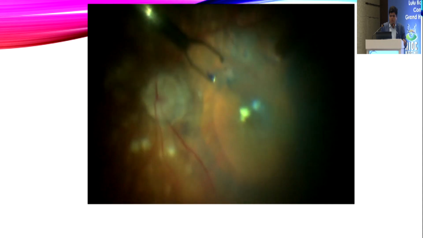After staining with brilliant blue dye, ILM peeling was done. And at the end, the FG was done.